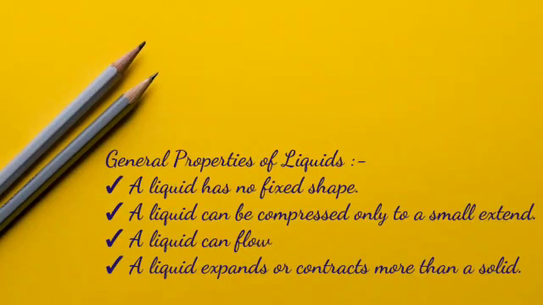Next, we learned about the general properties of liquids. So what are the properties of liquids? A liquid has no fixed shape. It takes the shape of the container into which it is poured. A liquid can be compressed only to a small extent, because the intermolecular space in liquids is not very large, so the molecules can be pushed closer only to some extent.